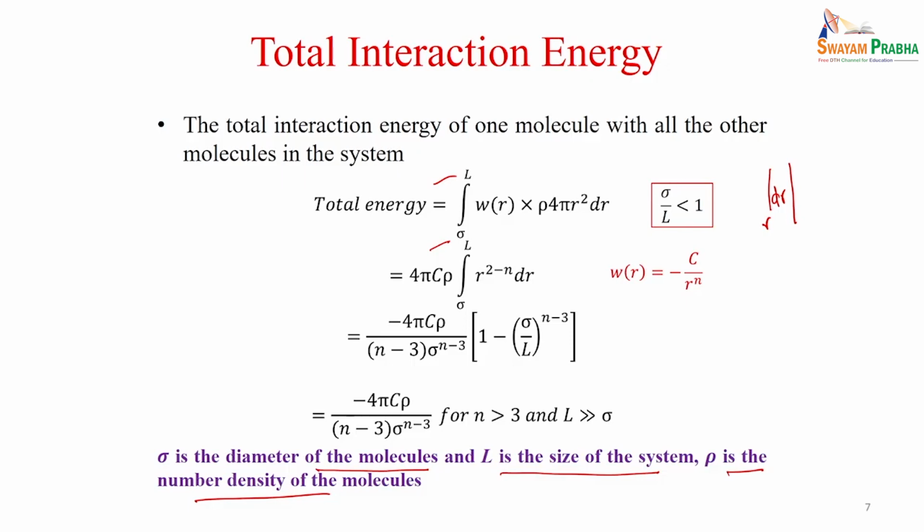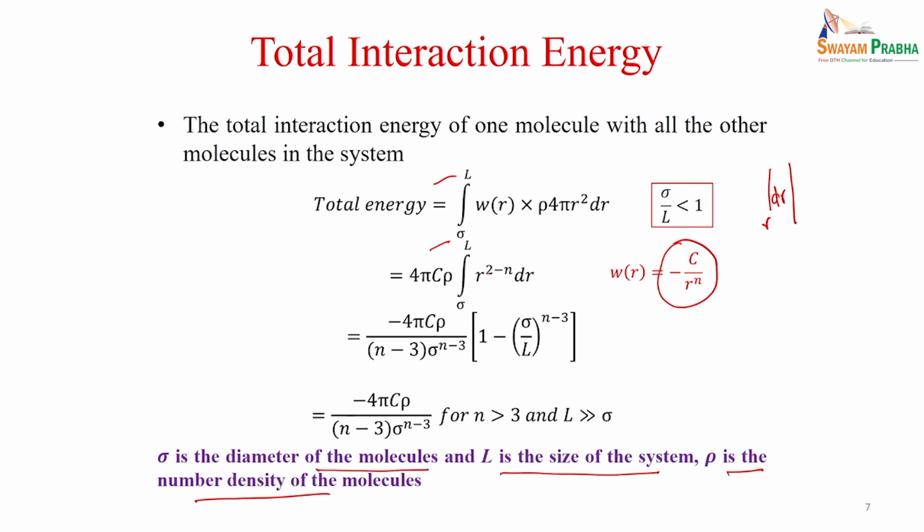This is the potential between two molecules, W(r), and we have to integrate from this size sigma to L. Now, W(r) potential value, if you remember the last slide, you can write W(r) as minus C upon r to the power n. So, here if you write C upon r to the power n, it will turn out to be 4 pi C rho r to the power 2 minus n into dr.